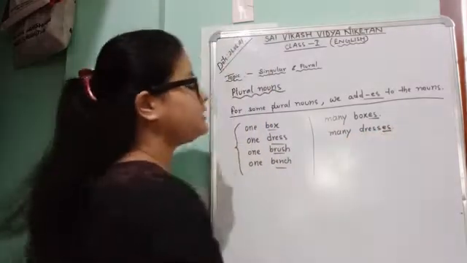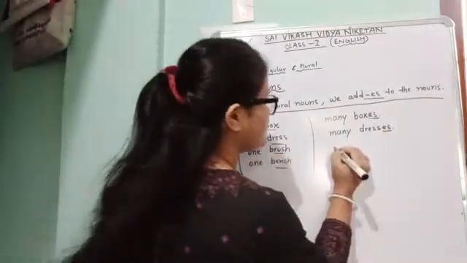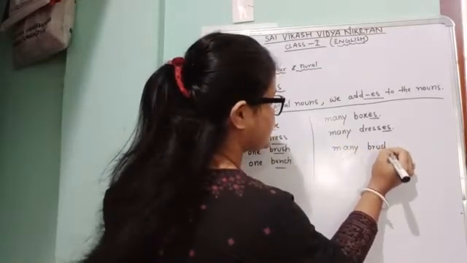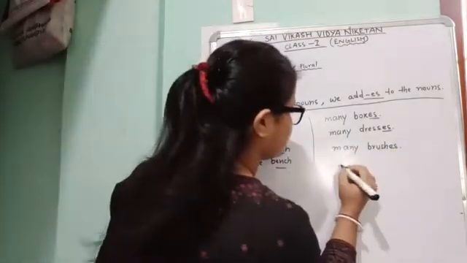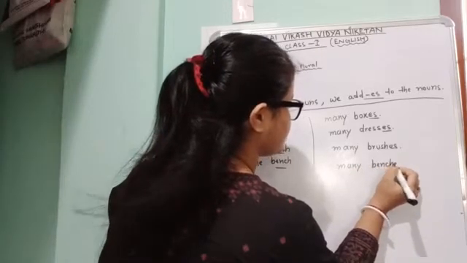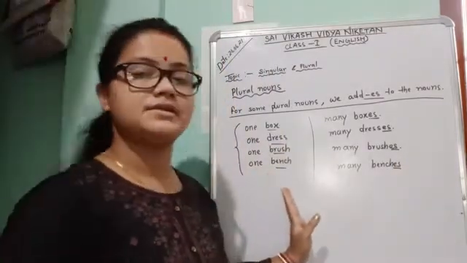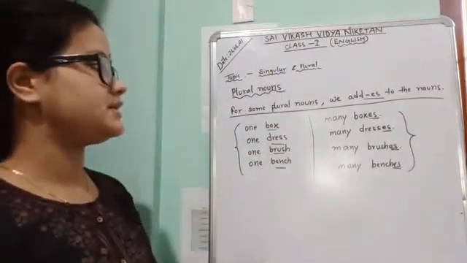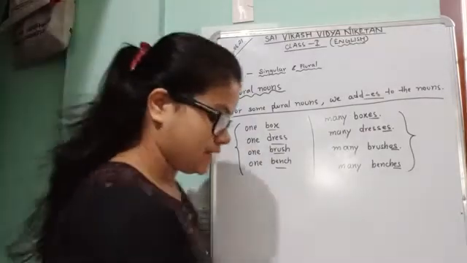Again, we are adding es to the noun. One brush, many brushes, B-R-U-S-H-E-S. One bench, many benches. Okay, clear? See, these all are called singular nouns and these all are called plural nouns because here it is shown more than one item. Okay, understood what I said?